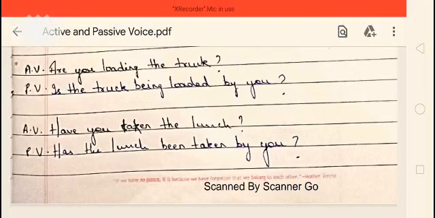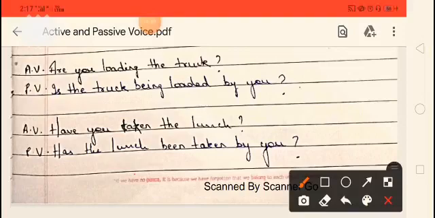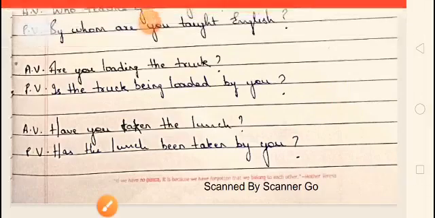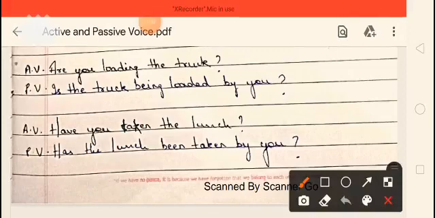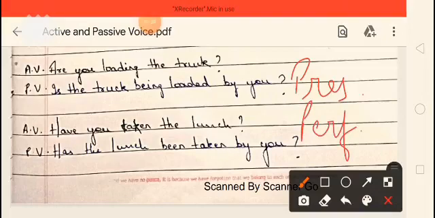This sentence is the interrogative of present perfect, because have is used and the third form of the verb.